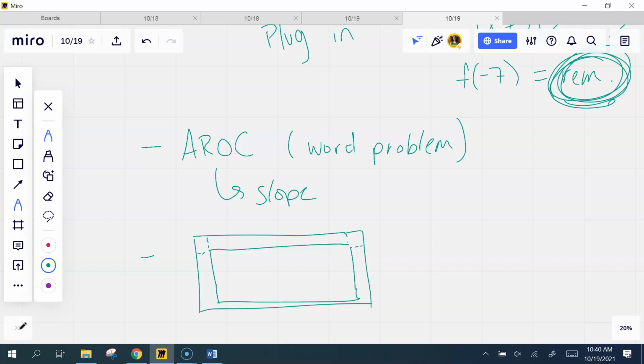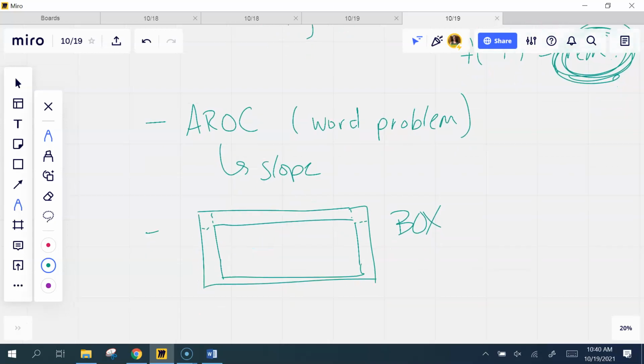Instead of volume, it could be area. It could be a little easier than the box, but be able to do the box problem. If you can do the box, you can do this.